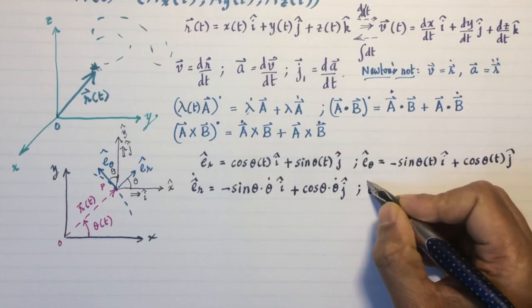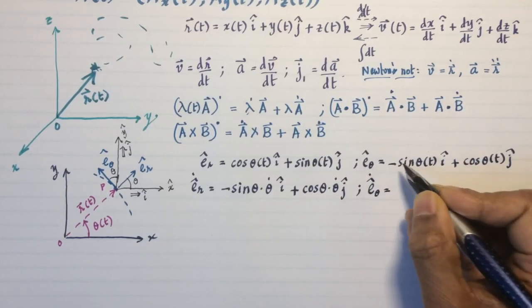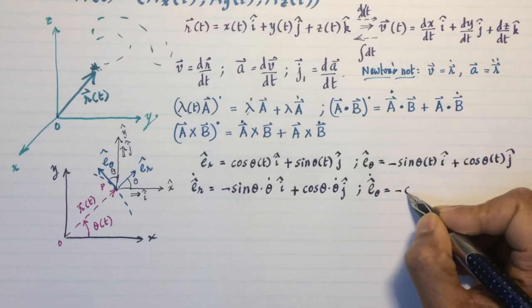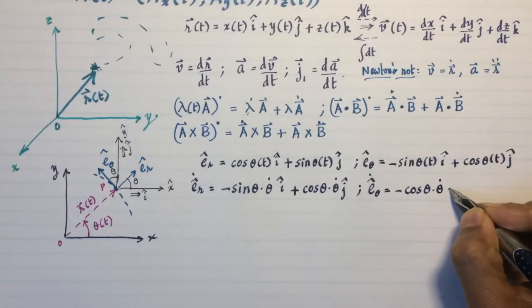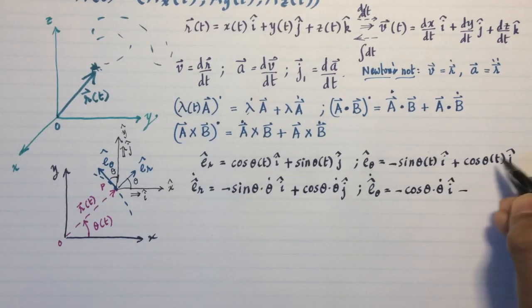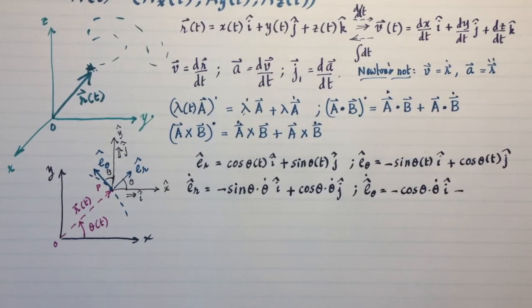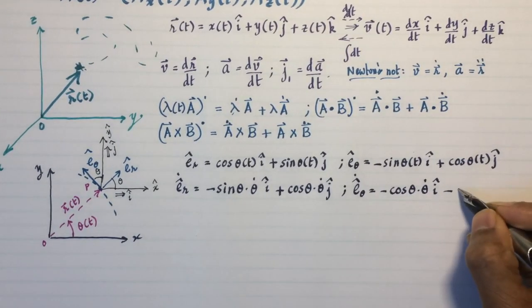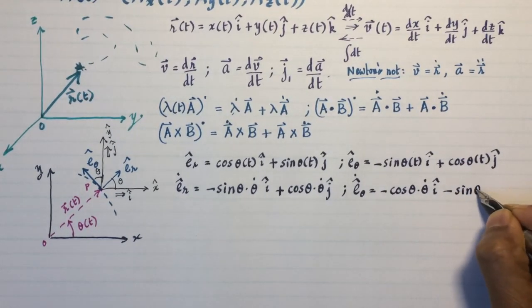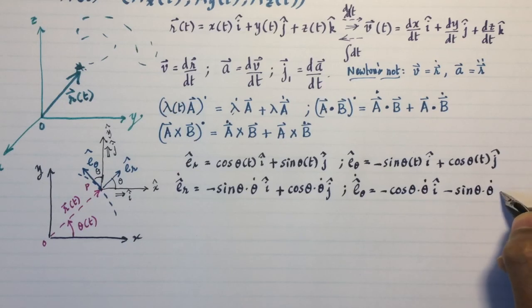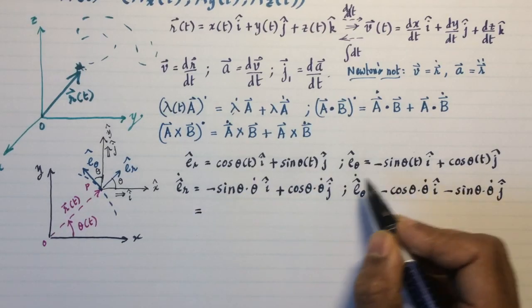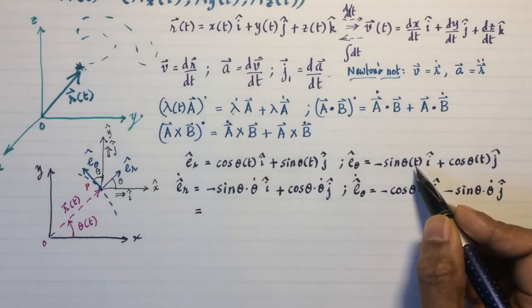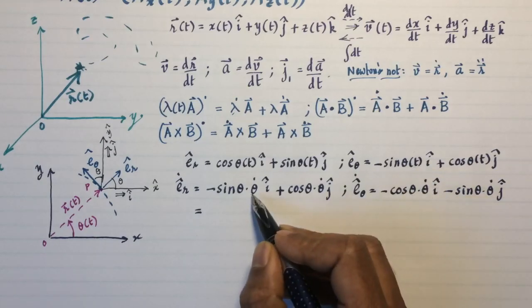What about here? E theta dot. Now when I differentiate sine theta, I'm going to get cosine theta. So that's minus cosine theta times theta dot i hat. And here I'll get negative sine theta because the derivative of cosine is minus sine times j hat. Well, if you think about it, looking at this expression and that expression, they look the same except that it's multiplied by theta dot.